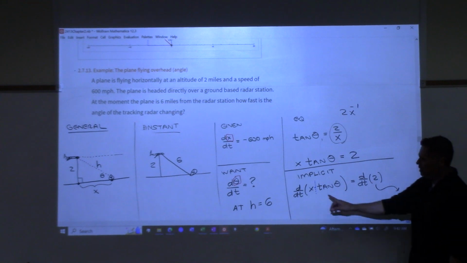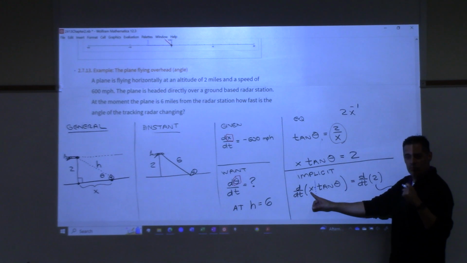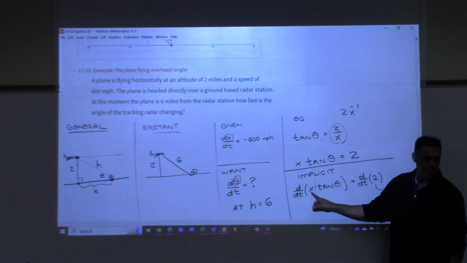So what is the derivative of the first one? Remember my story about me out at the bar, the club? No? Asking that girl the derivative of x, and she said with respect to what variable, right? What are we differentiating this x with respect to? T. So it's not 1, right? It's dx/dt.